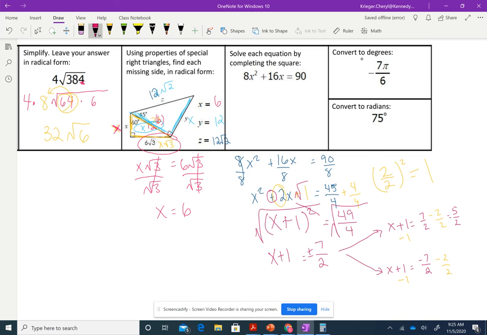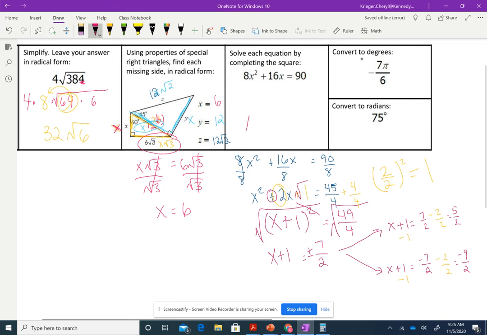Negative 7 halves minus 2 halves is negative 9 halves. So that's my solution set. I have x equals negative 9 halves and 5 halves.